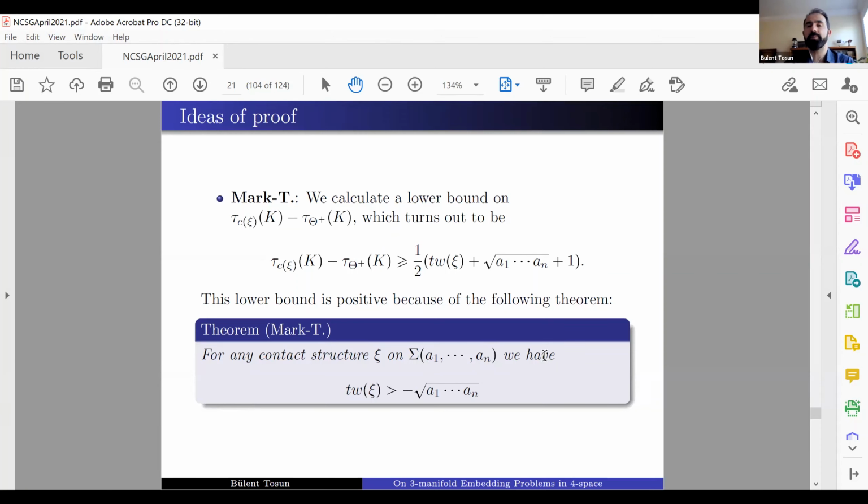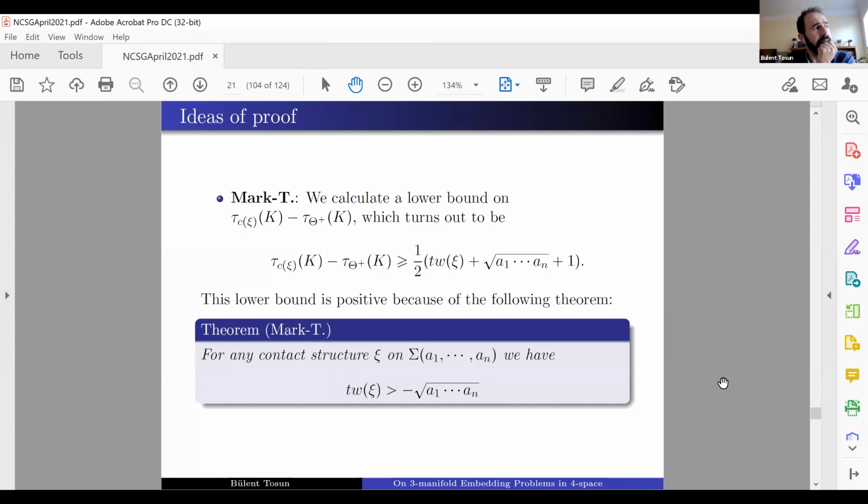It has n singular fibers, and the typical idea is that you start by assuming the twisting number is a certain quantity, let's say T. That means there is some regular fiber which you can make Legendrian, and the twisting of this regular fiber with respect to the given contact structure is T. Your goal is then to see what kind of twistings are available.